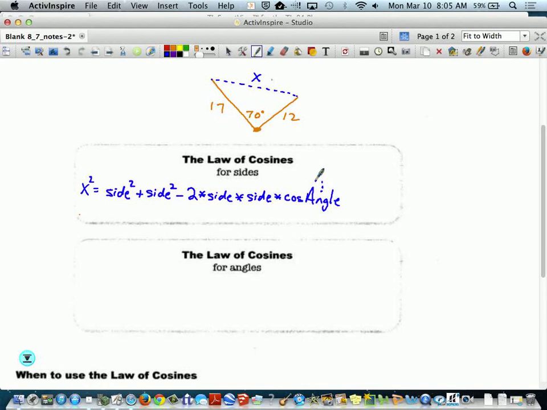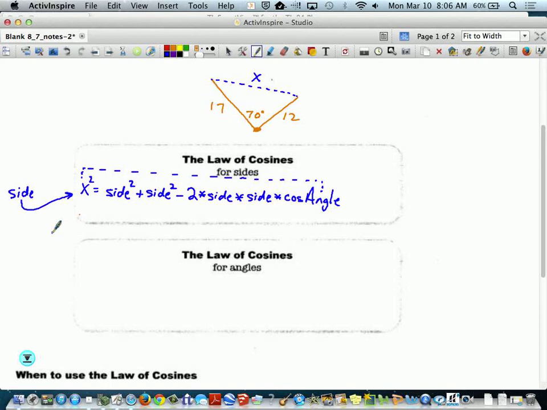And I'm going to do a dotted line. The side that I'm looking for, so you're looking for that side, we're going to call it X. It's what we call its partner angle. The angle opposite that side is what is in the formula.